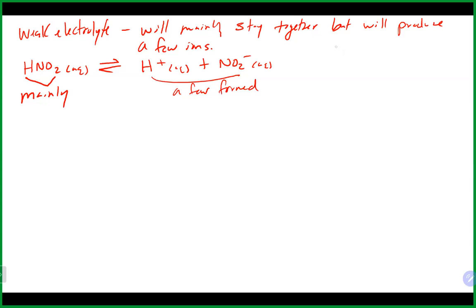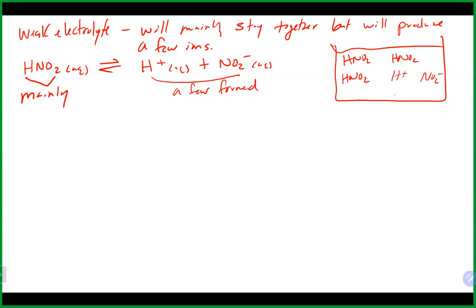So unlike the strong one, in this solution you pretty much have a lot of the HNO2 still floating around, but you will have a few H pluses and some of the NO2 minus guys floating around as well. But a majority of it will stay together.